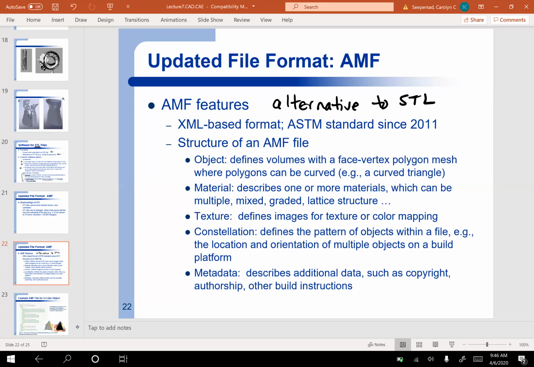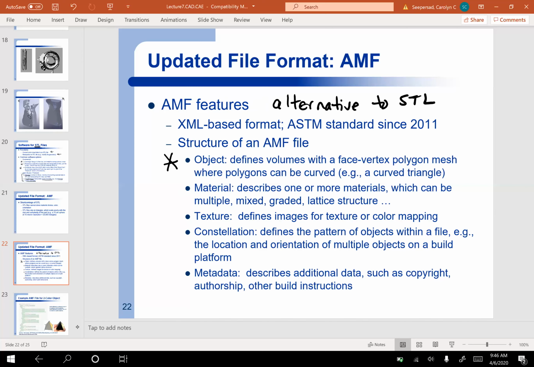But an AMF file is an XML-based format. And so, if you're not familiar with XML, don't worry about it. Basically, it allows you to identify objects, okay? Those are volumes, and you can use a polygon mesh to represent the volume where the polygons can be curved.